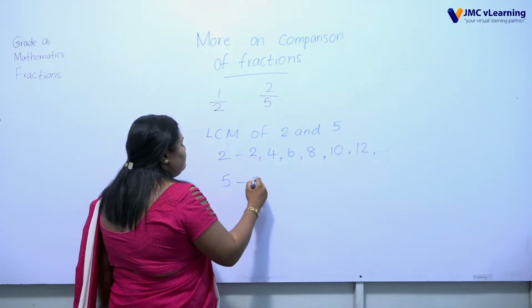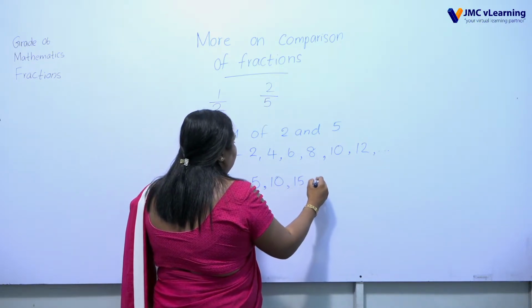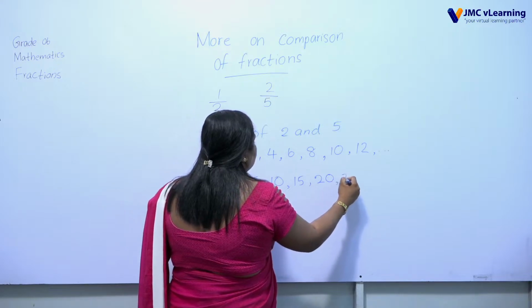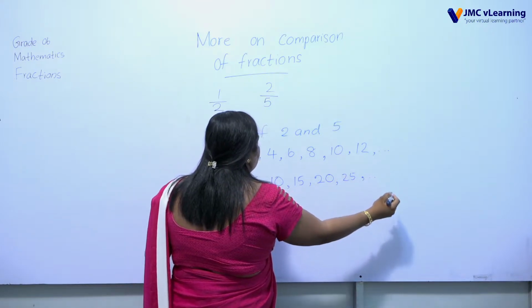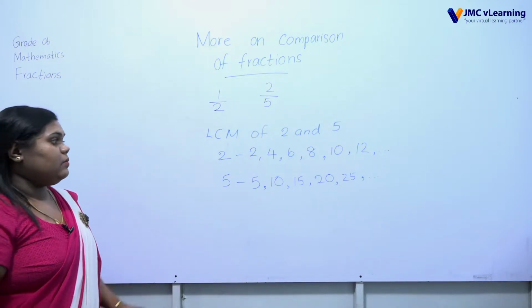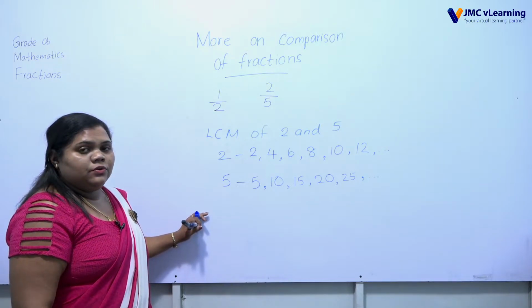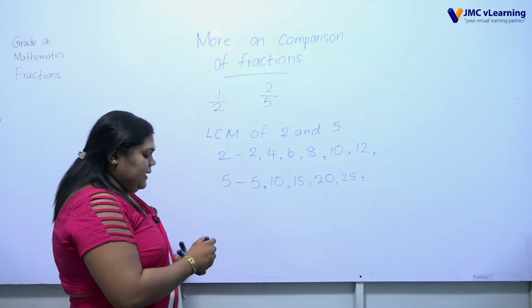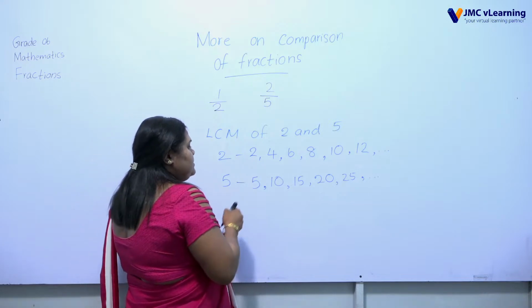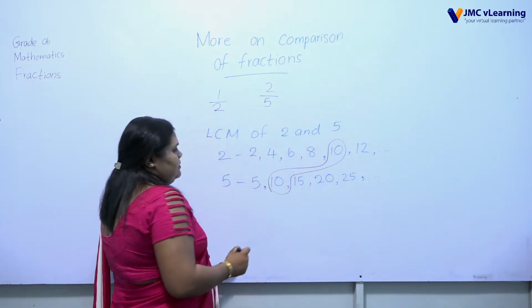After that, 5, 10, 15, 20, 25, like that. After that, what is the common number to both the numbers? 10. 10 is the lowest common number.